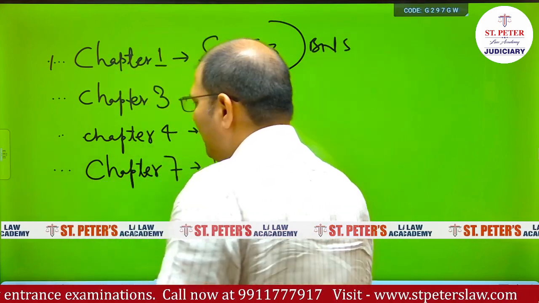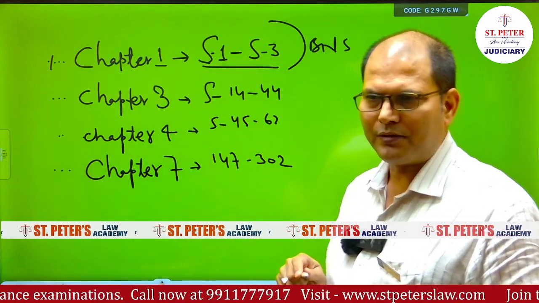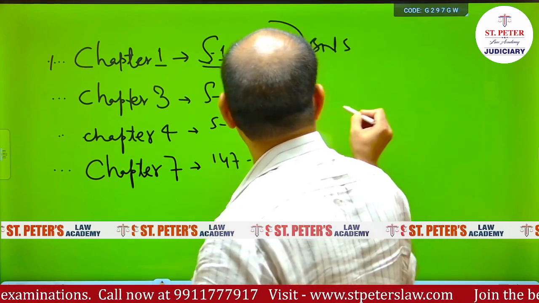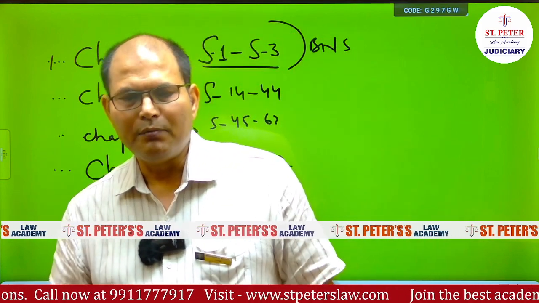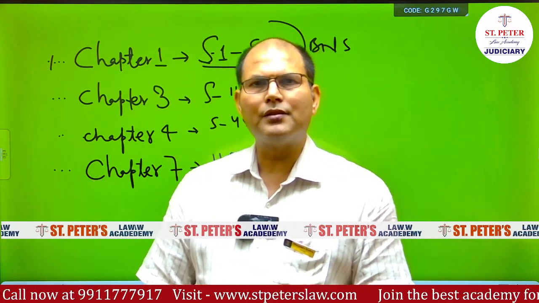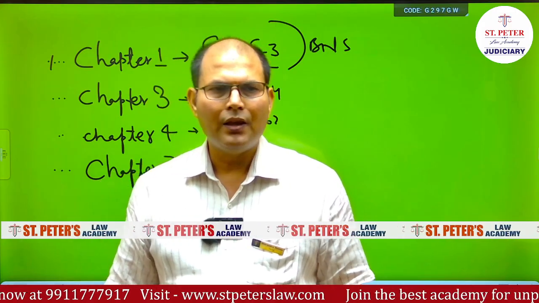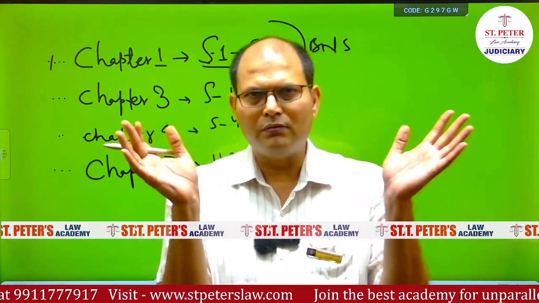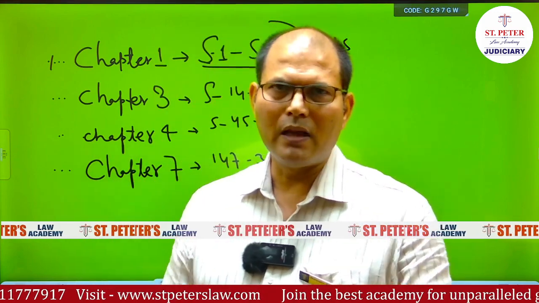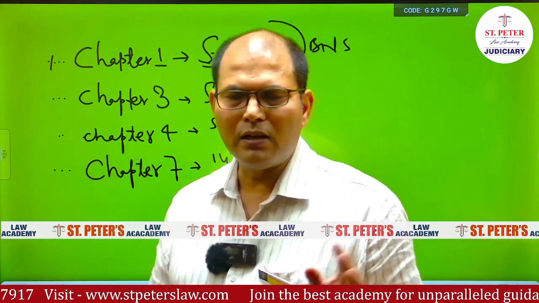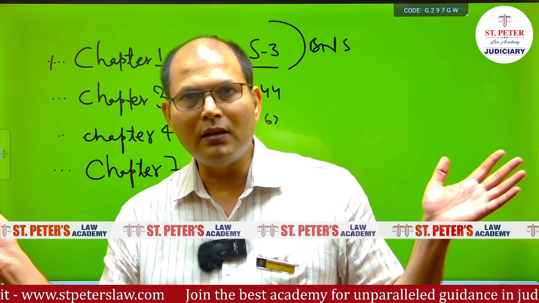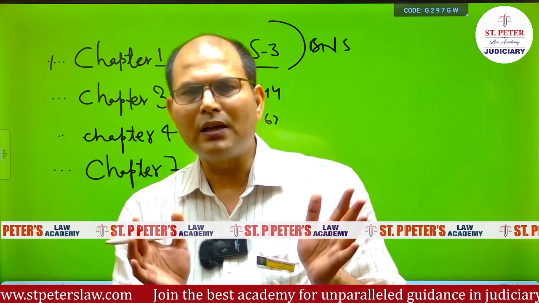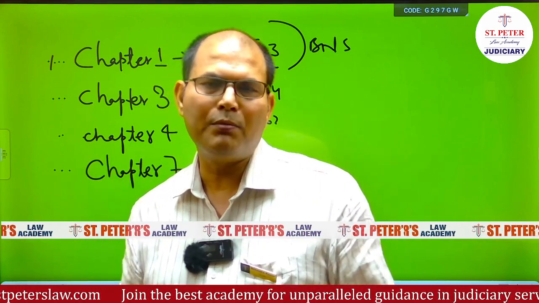Previously IPC contained 23 chapters and the BNS now contains only 20 chapters, right? It means certain sections or provisions of the IPC have been reduced into a small bracket. For example, sections 1 to 52 of the IPC have now been encapsulated into sections 1 to 3 of the BNS.